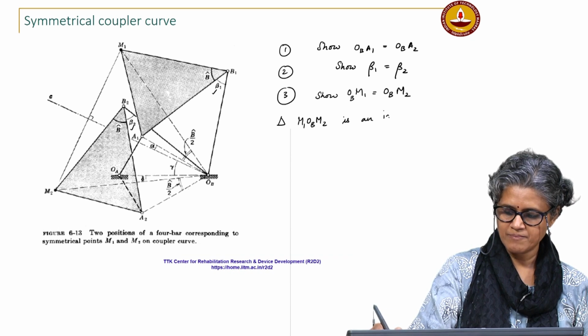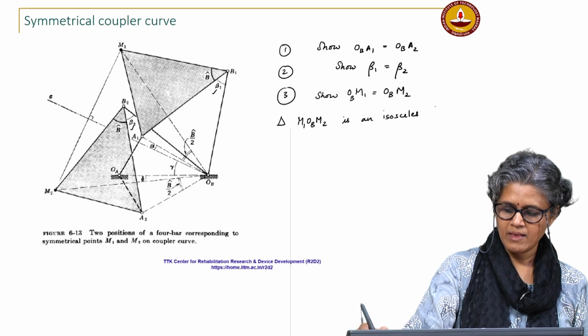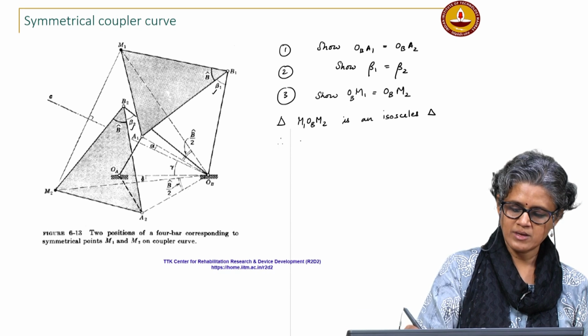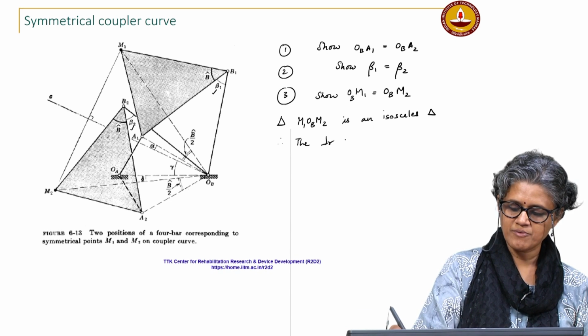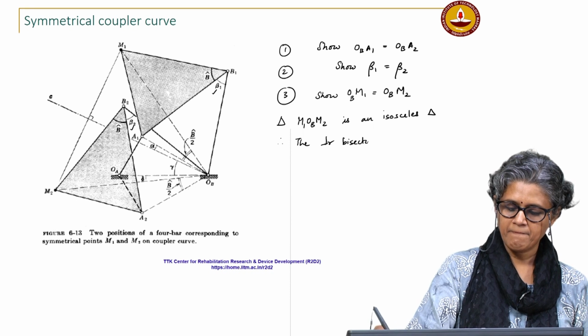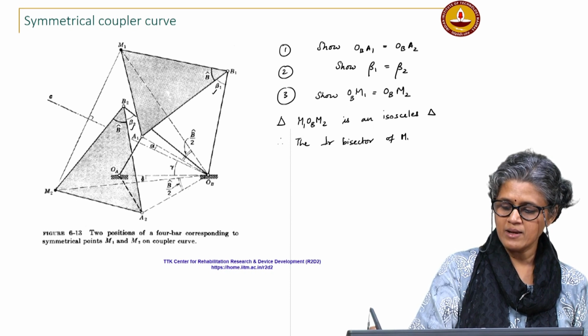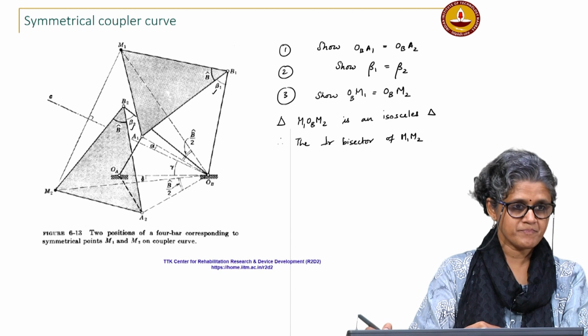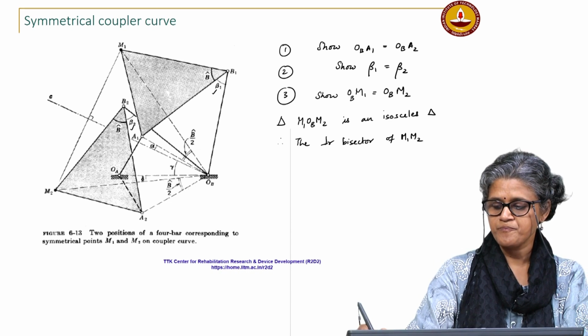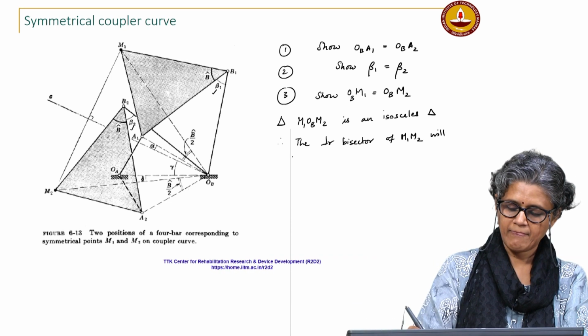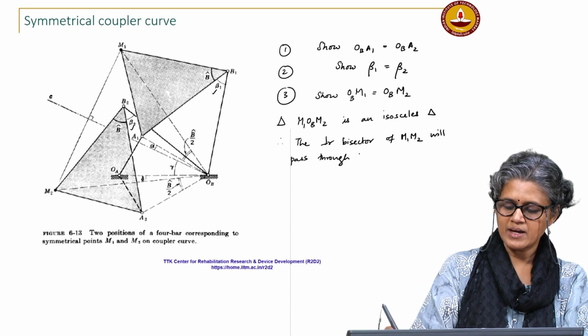Once I show that, therefore, the perpendicular bisector of M1 M2 will pass through OB, the opposite vertex, and bisect that angle.